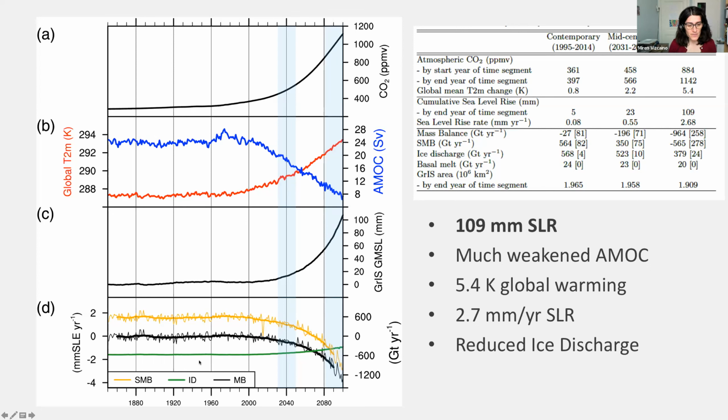And this is how the mass balance is evolving. So we are good here, close to 0 during the historical period, and at some point we start going down, contributing to sea level rise with Greenland melt.